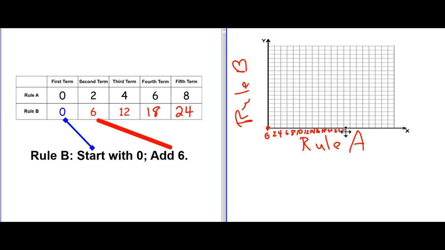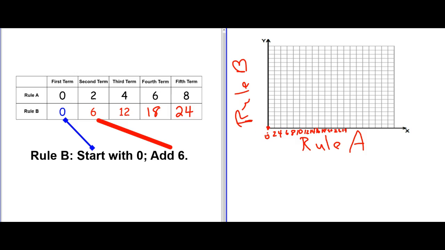I think that'll be good enough for A. Then I'm going to do the same thing on this side. So I'm going to go 0, 2, 4, 6, 8, 10, 12. I'm going to start skipping a little bit here. I'm going to actually fix that. Okay.